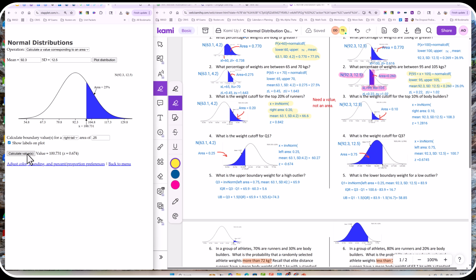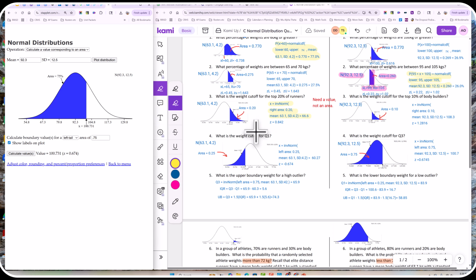So those two answers should give you the same values, all right? So you can look at it as the 75th percentile, which is on the left. Make sure you go left tail and put 0.75. Or you can say, oh, it's the cutoff for the top 25%.